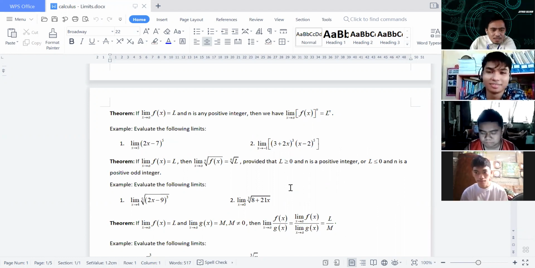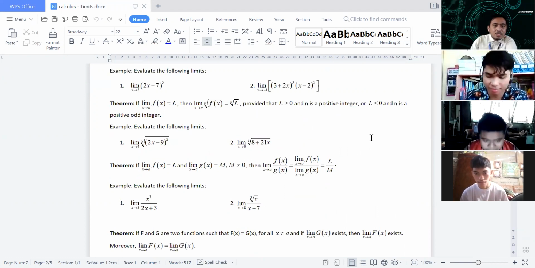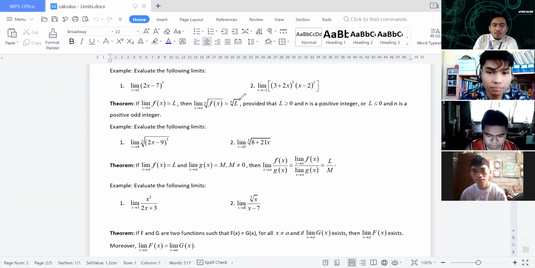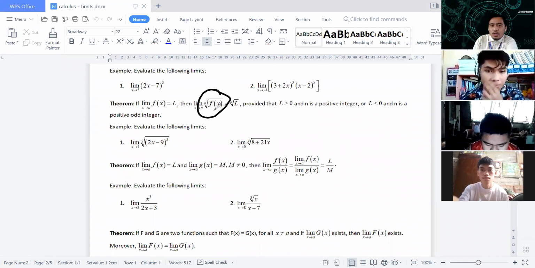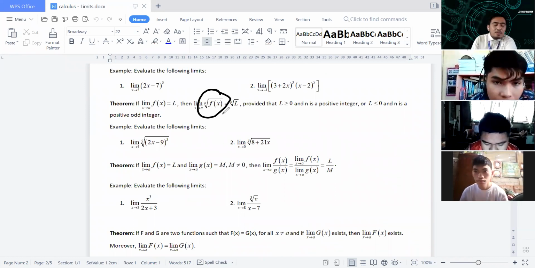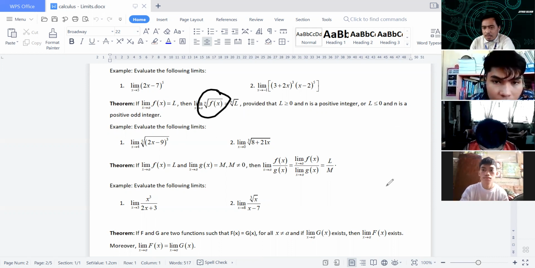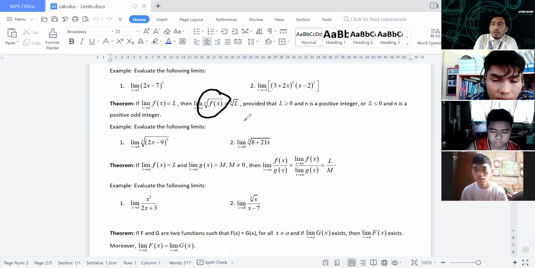Let's have the next one. How about if we take the square root? Because it works if you take the square, the cube, the power of 4, and so on. If you take the square root, there are cases to be considered. Why? Because the idea here will only be under the concept of real numbers.